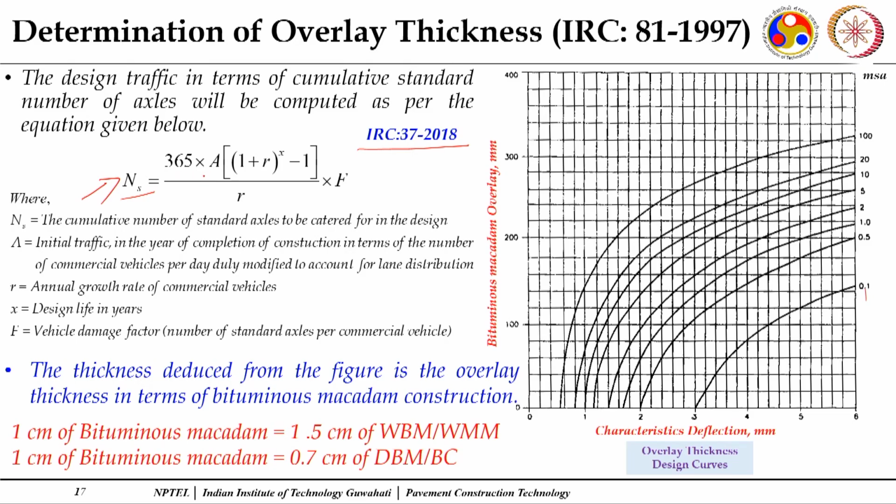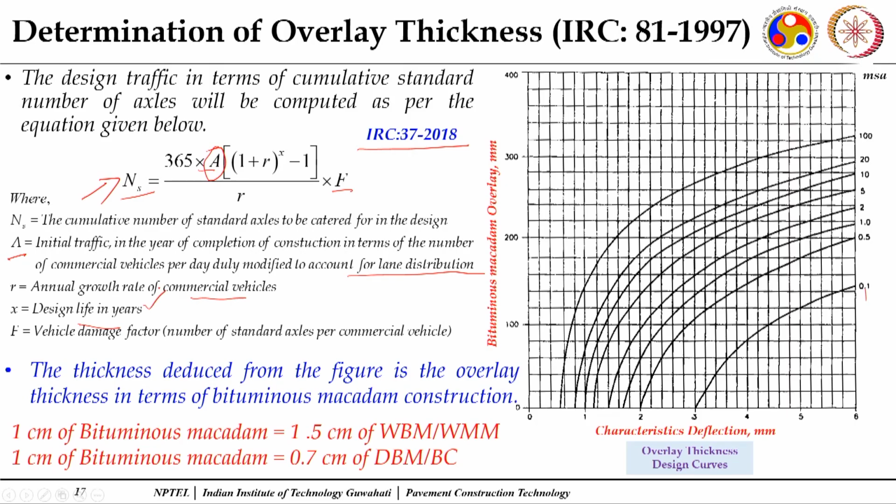Here you can see it is 365 into A into (1 plus r) raised to the power x minus 1, by r, into F, where F is the lane distribution factor. Here r is the annual growth rate of commercial vehicles, x is the design life, and A is the initial traffic in the year of completion of construction in terms of commercial vehicles per day. In this particular formula, the lane distribution has already been taken care of, so you do not have to apply the lane distribution factor separately.